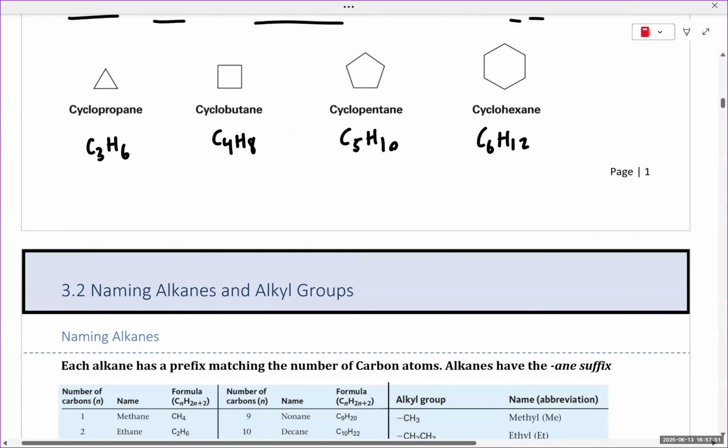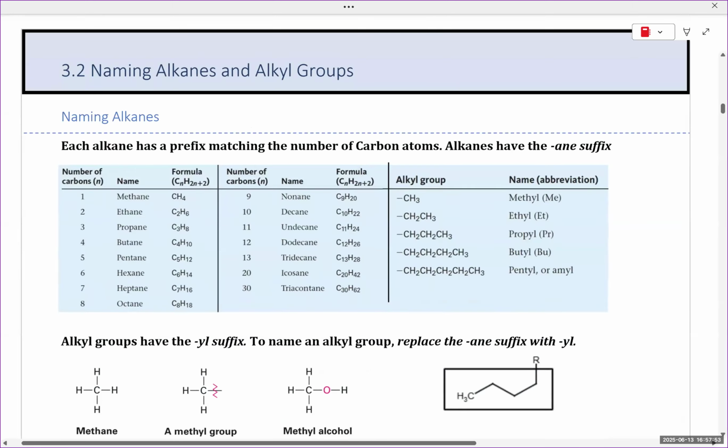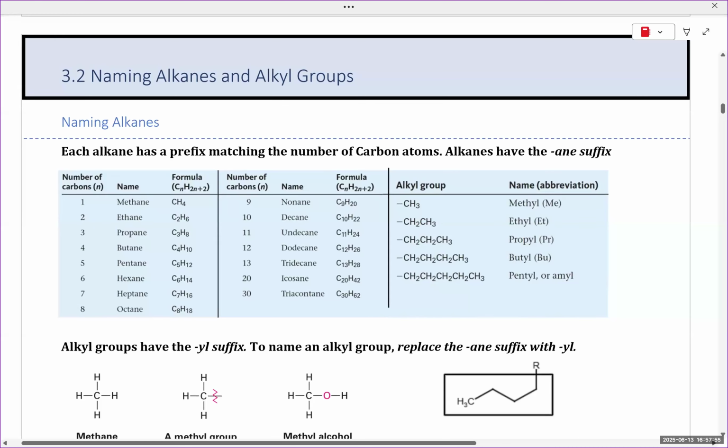Okay, so let's talk now about naming alkanes and alkyl groups. So each alkane has a prefix matching the number of carbon atoms. Alkanes are indicated by the -ane suffix. So here's a table of the different prefixes and different alkane names for different carbon counts.